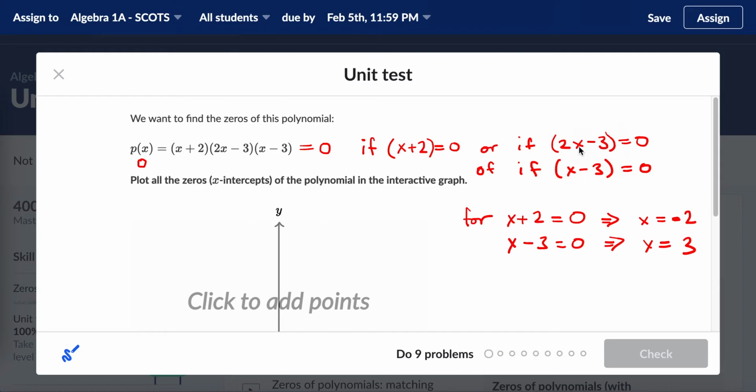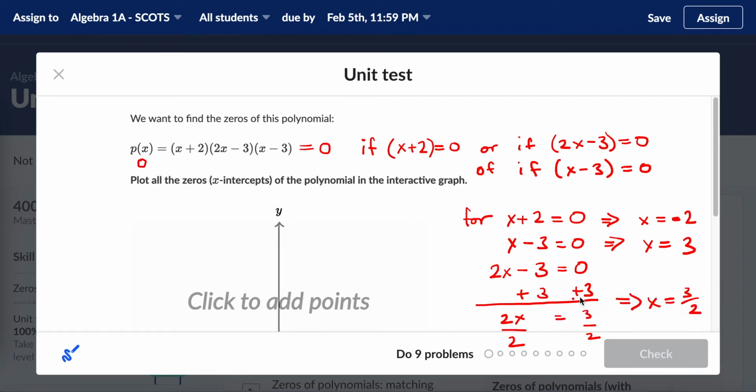Just one thing to look at with this 2x minus 3. We generally write factors in integral form here, but essentially what this means is that your zero is a fraction. Let's take a look at that. For 2x minus 3 to be equal to 0, you're adding 3 to both sides, back to your inverse operations, and you get 2x equals 3, then divide by 2, so x equals 3 over 2.